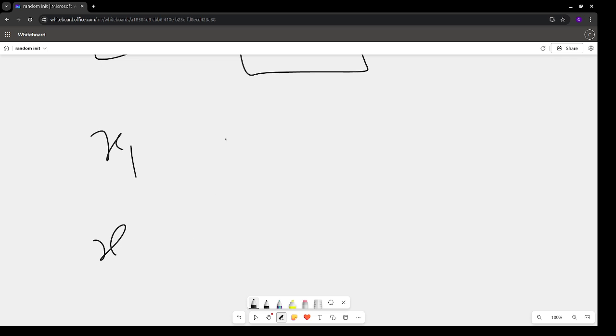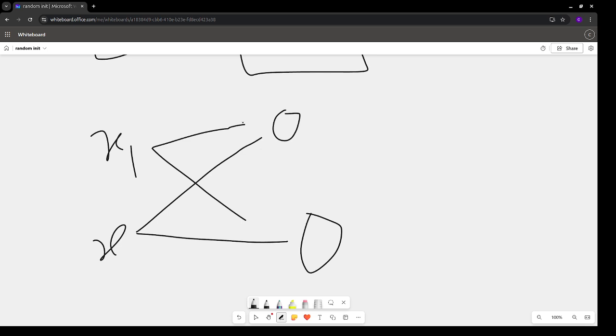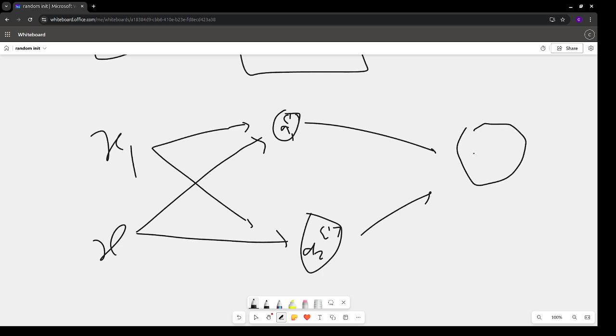Let's write the basic neural network. This is our a1 1, this is our a2 1, this is our a1 2, and this is our y hat. And these things are symmetric here.